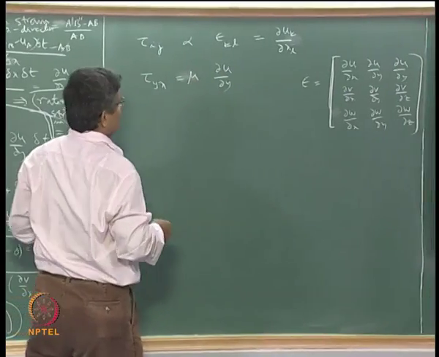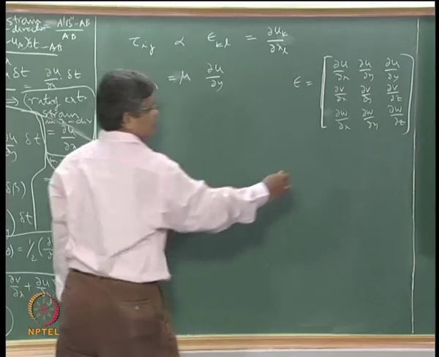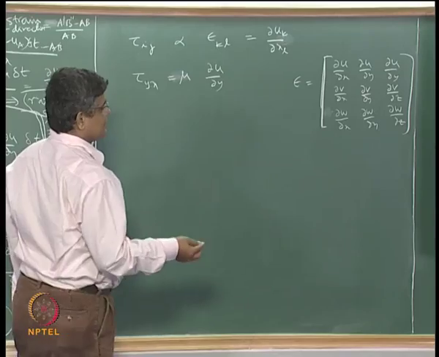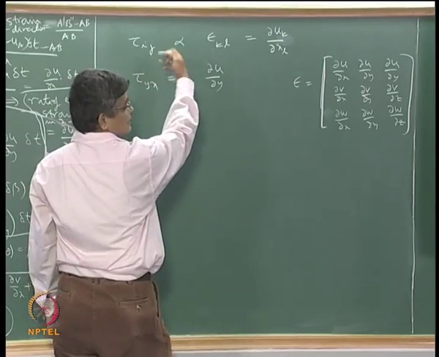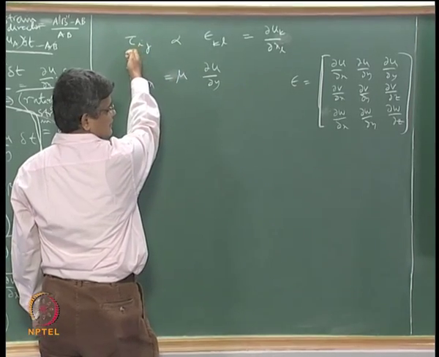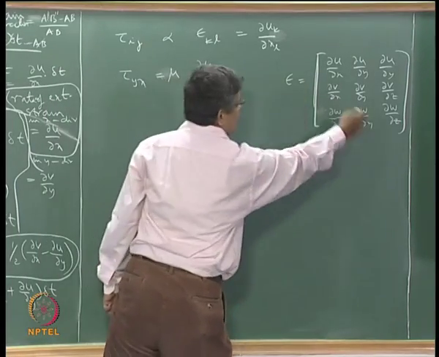But in the general case we do not have a single non-zero shear stress and we do not have only one of these being non-zero. So in the general case all these can be non-zero, and if you are expressing a general relation, one particular component of the shear stress may be expressed as a linear combination of all of them.